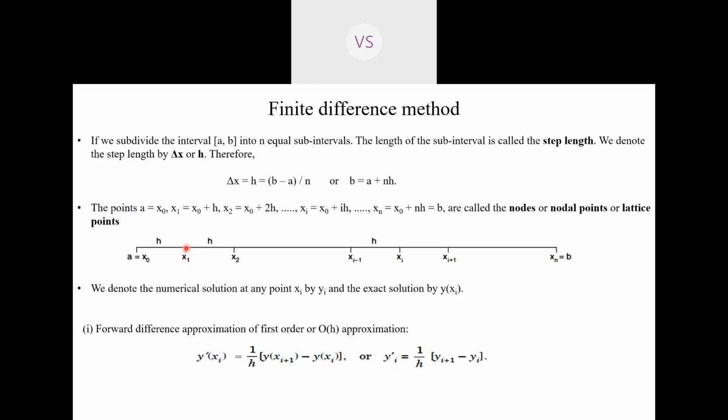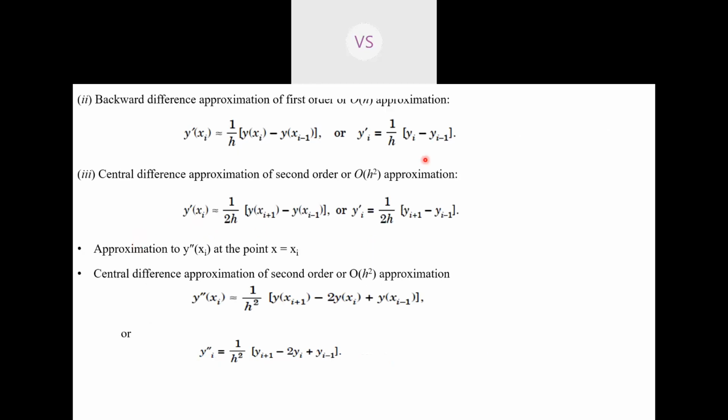When you consider this point in the central difference approximation, the difference you take will be y2 minus y0. Suppose you want to find y dash at xi, it will be yi plus 1 minus yi minus 1.